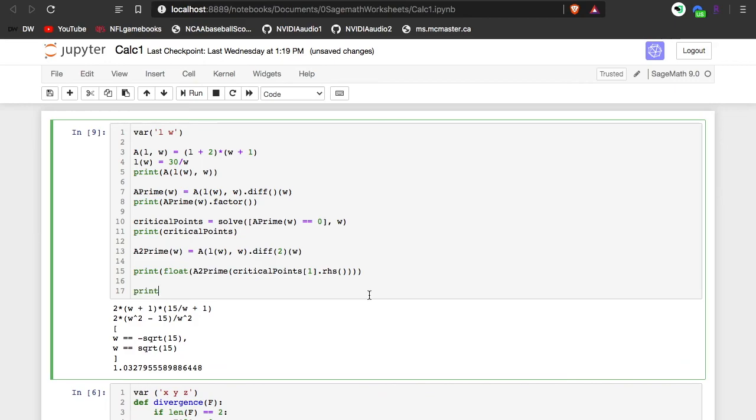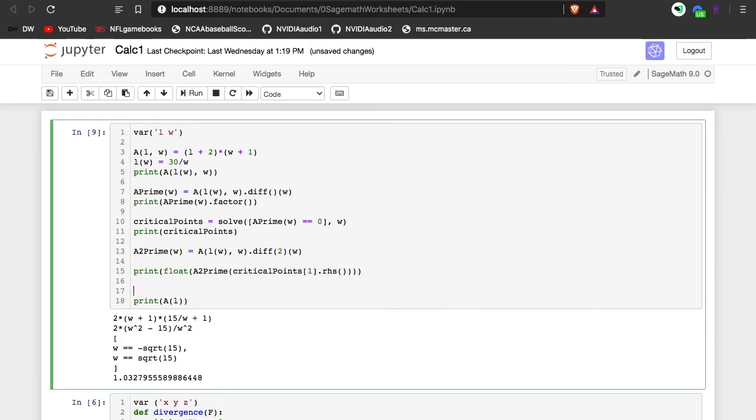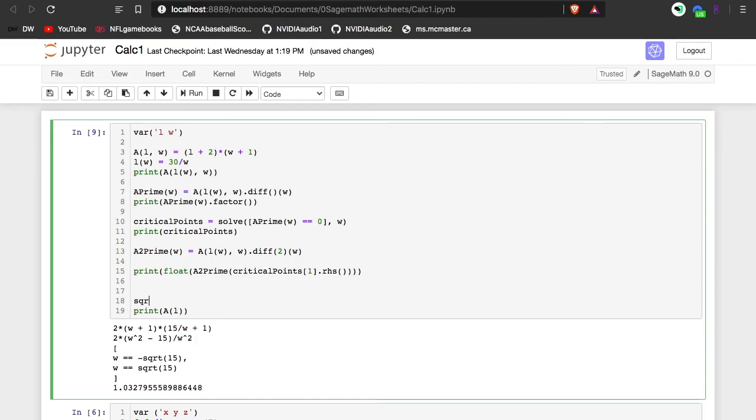And the last thing I'm going to do is print the area of L. So our square root of 15 is that critical point. A of square root of 15.